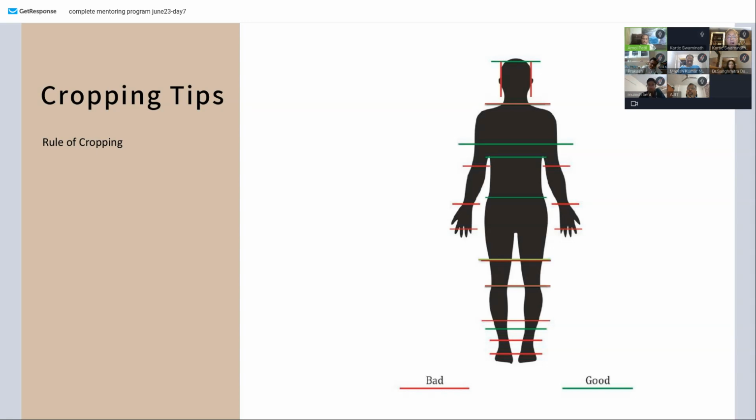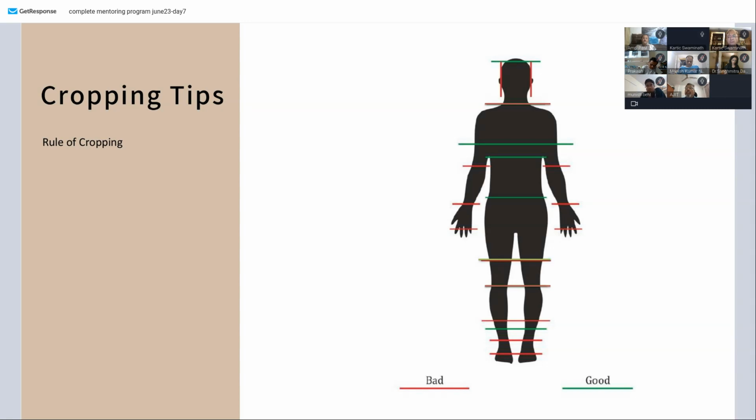If you see carefully, all the red lines are where there are human joints: fingers, elbows, neck, knee. So you should avoid cropping at the human joints, the bone joints, right? You can crop at any other place other than that.